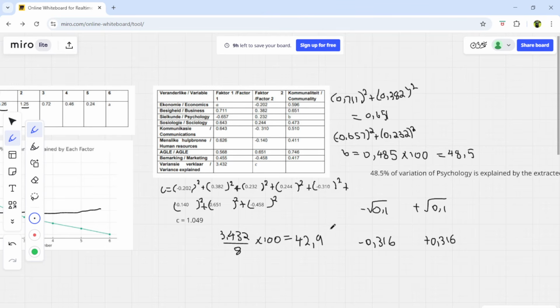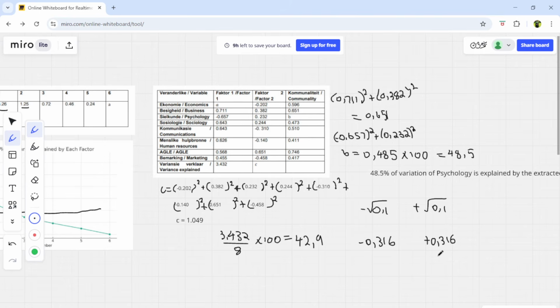You look at the number. If it's, for example, minus 0.657, we know that this is smaller than this, so it's on that side. Minus 0.3, minus 0.4, minus 0.5 go to the left, and on the right are the positive numbers.